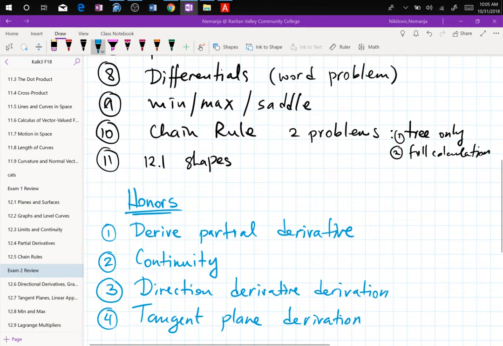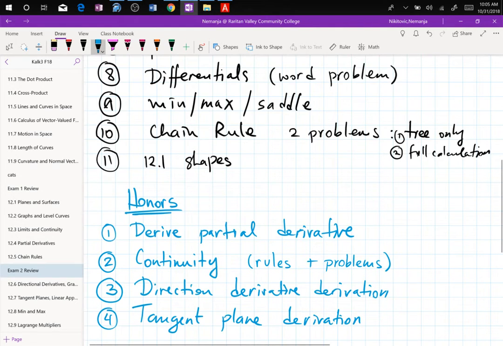All of these things are outlined in the book. For continuity, we have rules plus problems. The other 3 are spelled out word to word in the book.